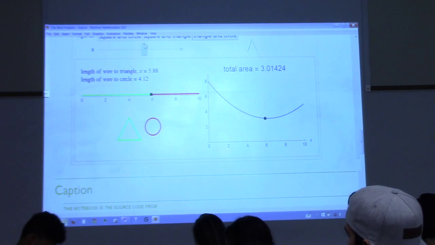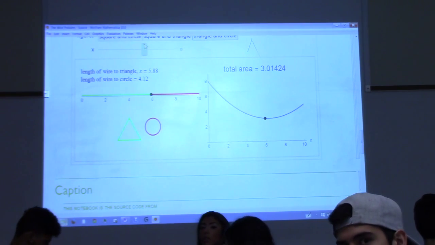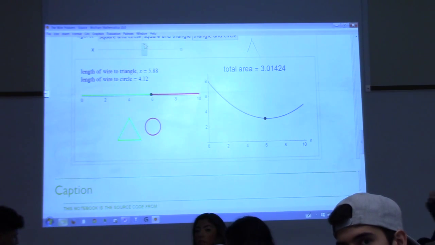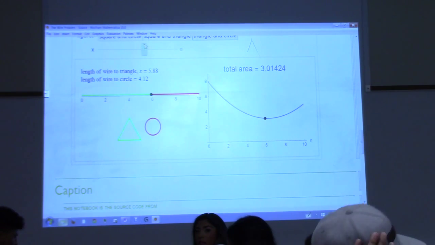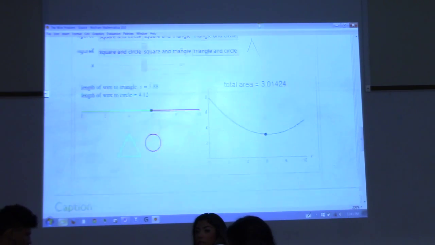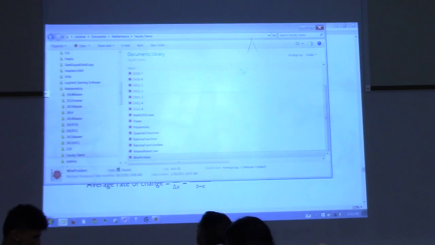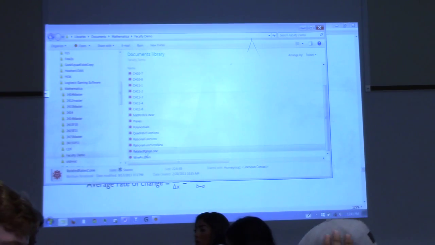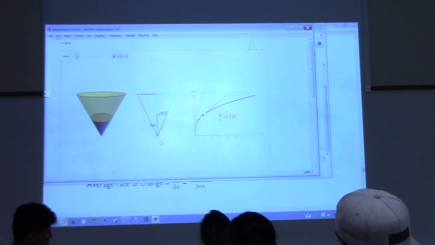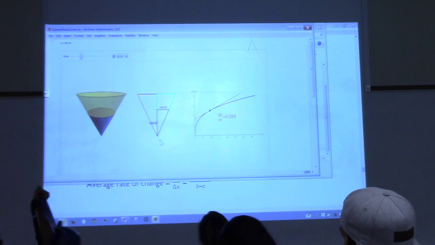So even though in this class we're like, what? We're finding top and bottom function, like, who cares? Later on we tie it to a real world problem, even though the wire doesn't make a whole lot of sense. And it works out for us to mean something. Here's another one. You're filling up a cone, right?